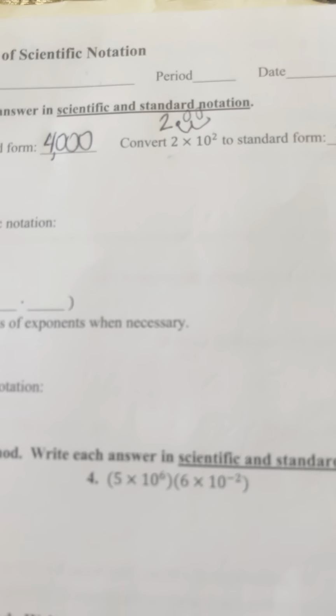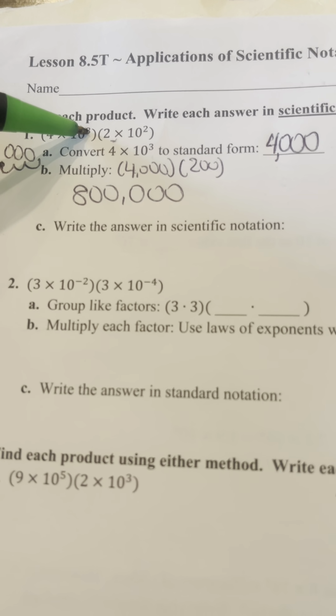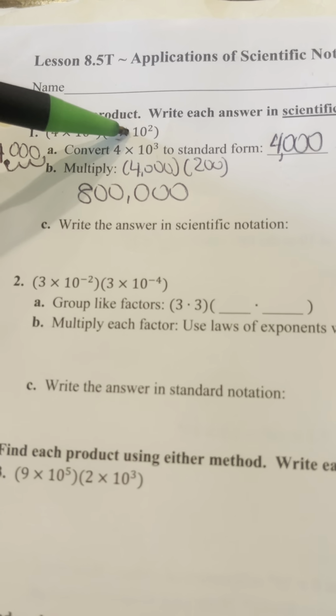Okay, 4,000 times 200 is 800,000. So that's what we did. 4,000 came from 4 times 10 to the third. 200 came from 2 times 10 to the second. Multiply these together, you got 800,000.